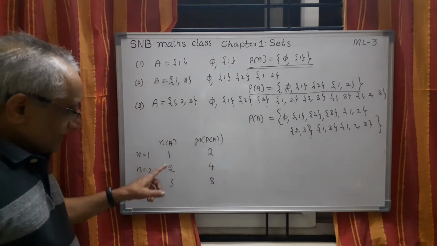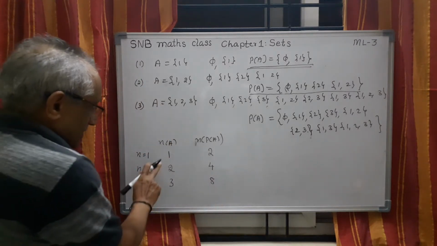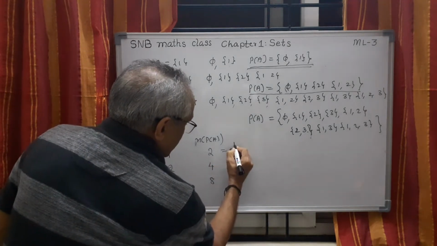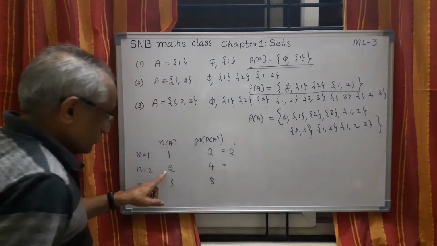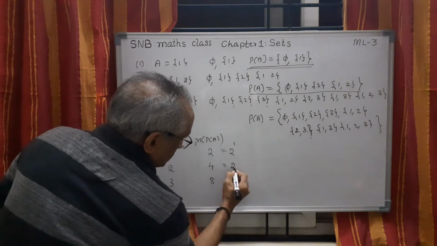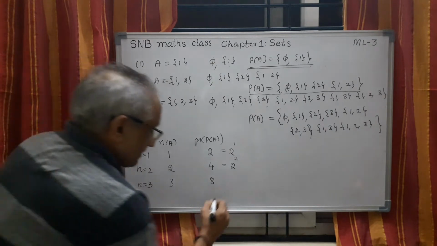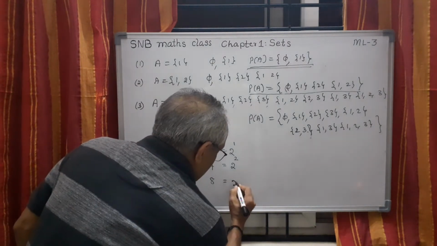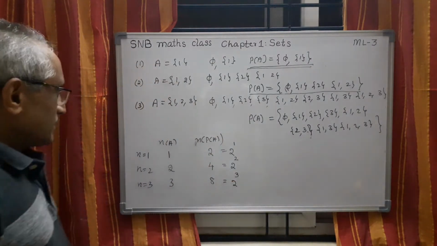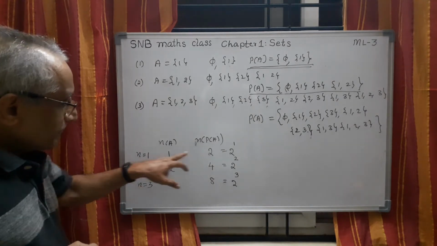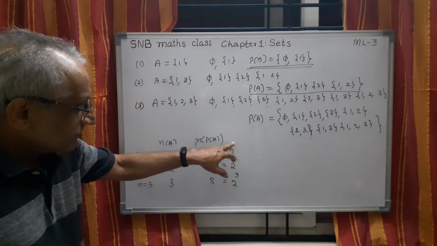Now there is a relation. When it is 1, you can write this as 2 power 1. When it is 2, you can write 2 square, because 4 can be written as 2 square. Here 3, 8 can be written as 2 cube. So now the idea is very clever. When n is 1, the power set contains 2 to the power 1.